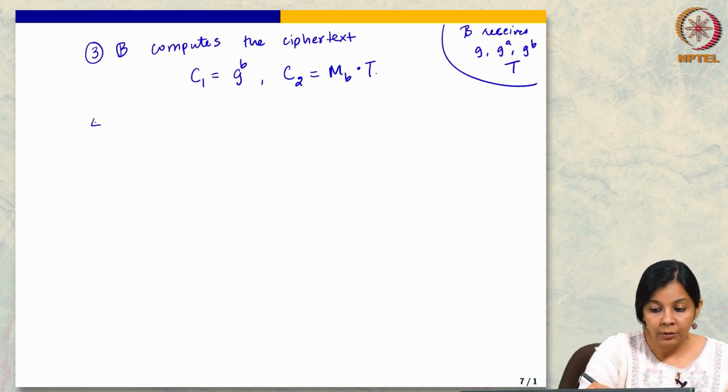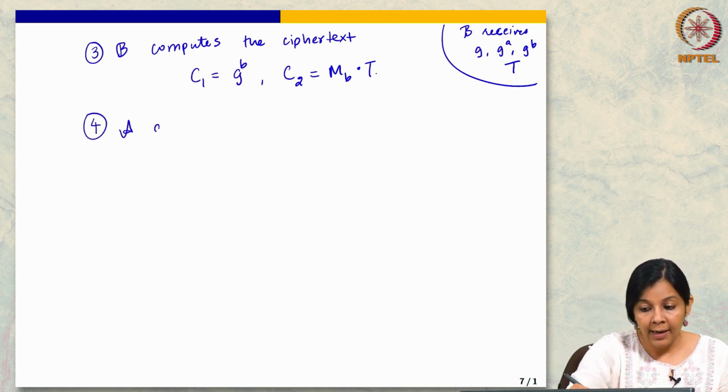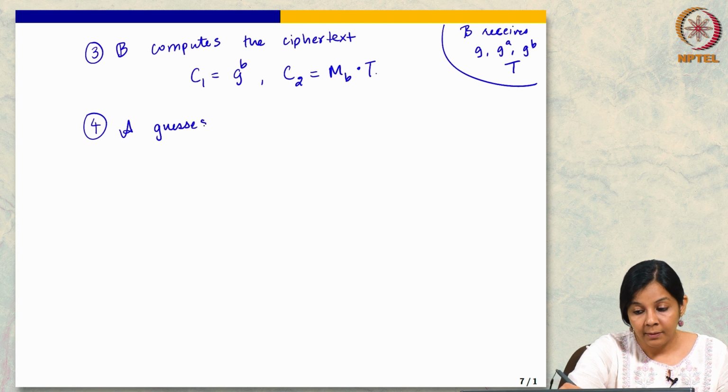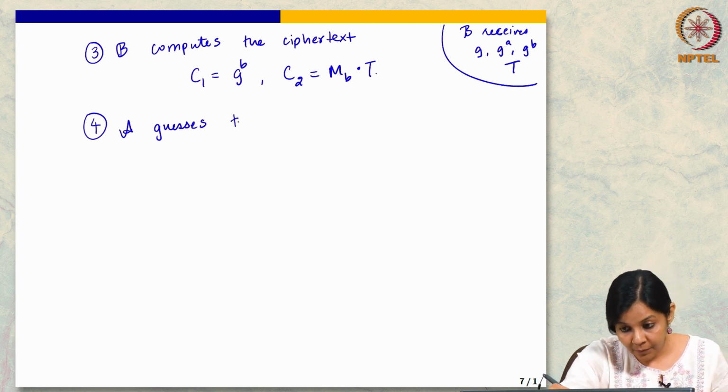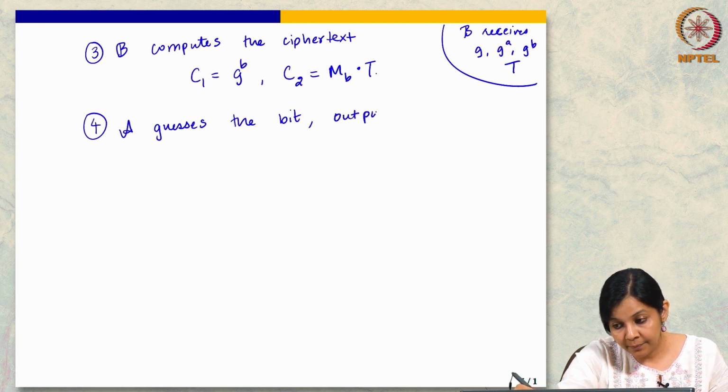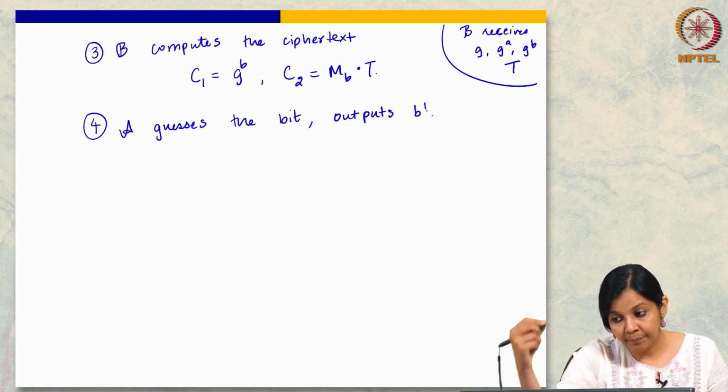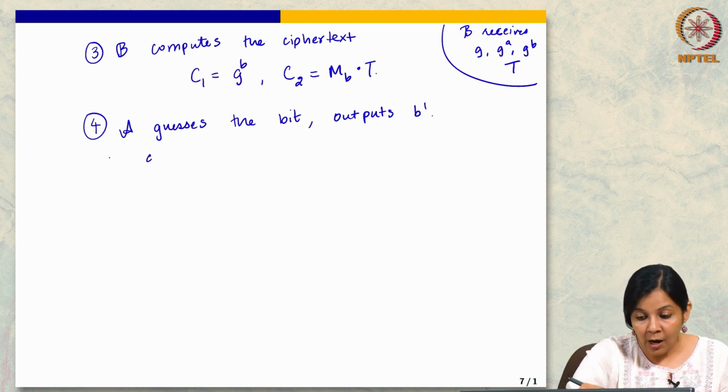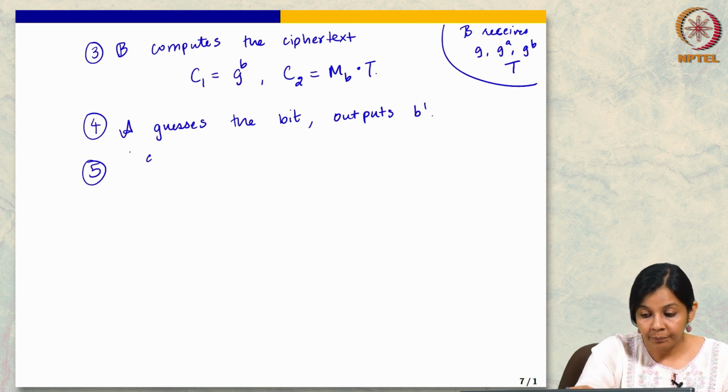Now, A guesses the bit, right. So, let us say it outputs b prime. So, now what does B do?